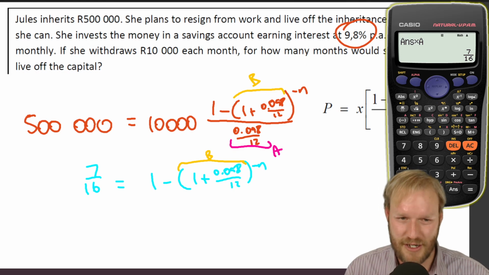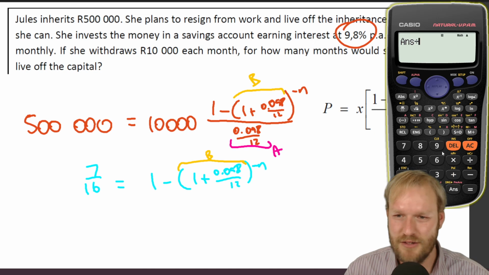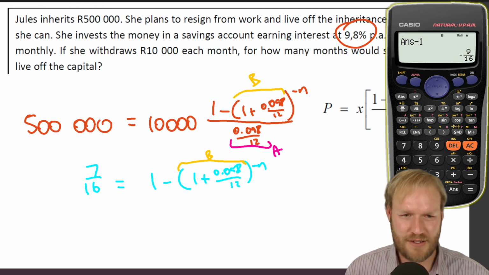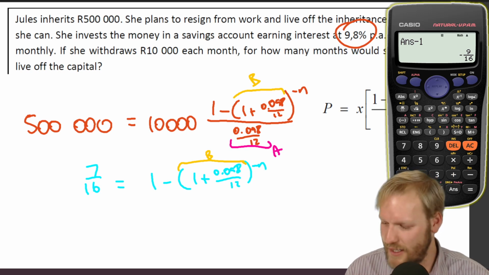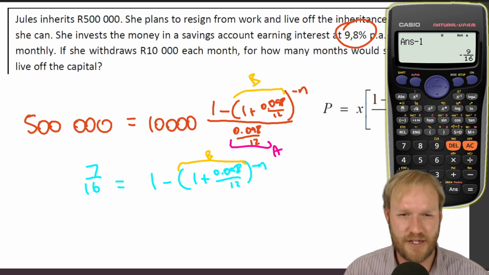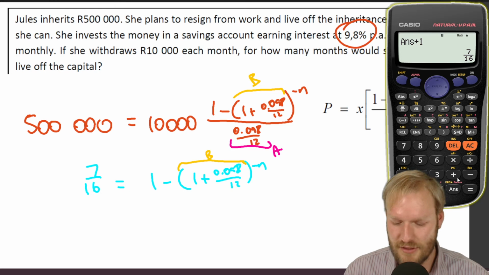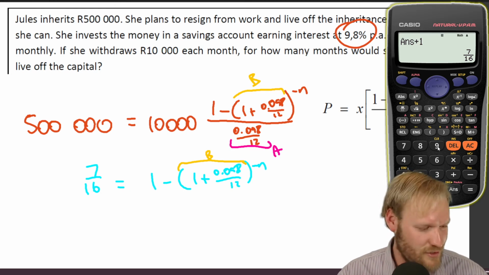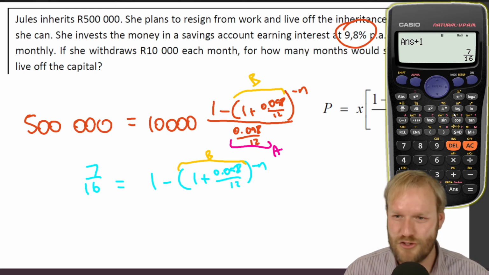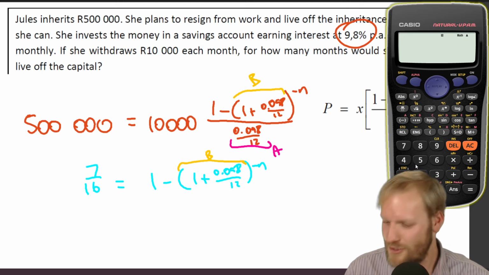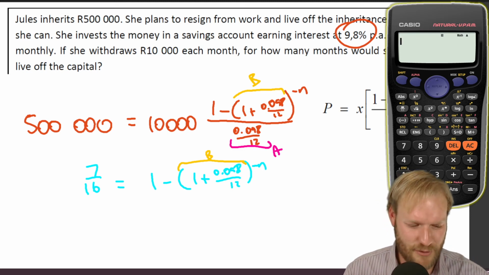Okay, so we're going to need to subtract 1 from each side, then times that by negative 1, right? Now, am I being silly here? I have made a slight mistake. So I'm actually just going to start again quickly. Apologies. All of that seems right in my formula, but I can see that I've messed up somewhere.